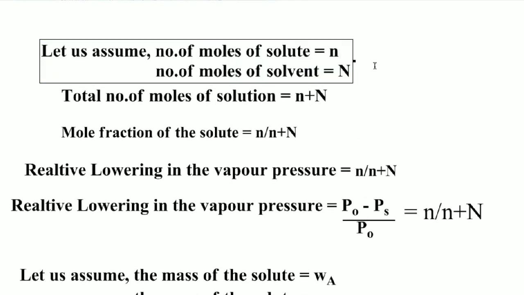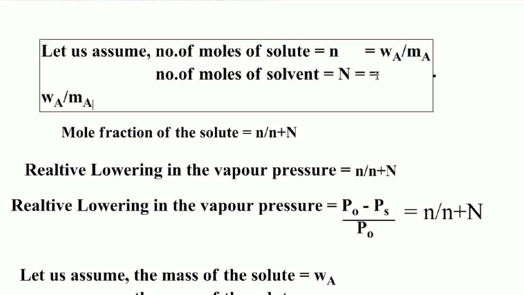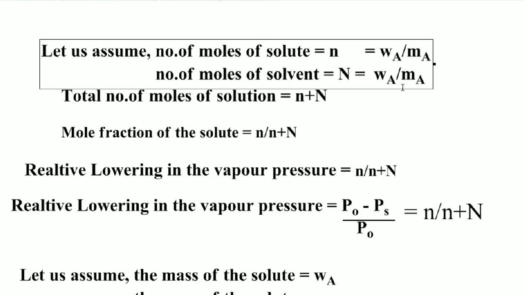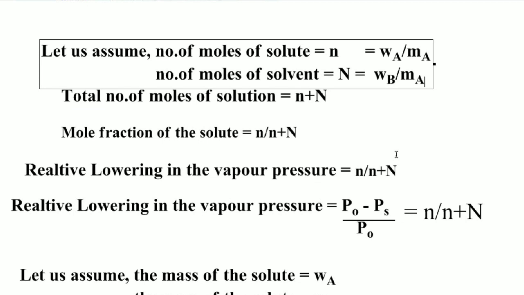Then small n is equal to WA by MA, which is the number of moles of solute, and similarly, the number of moles of solvent, capital N, is equal to WB by MB.